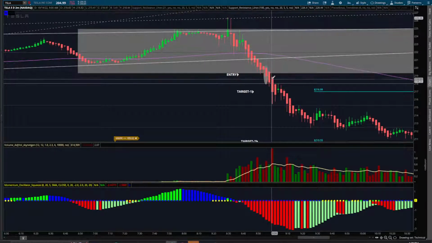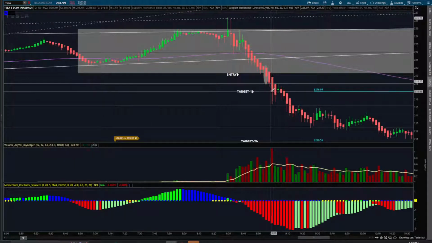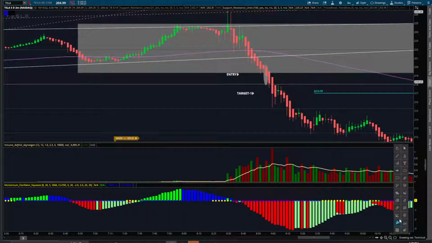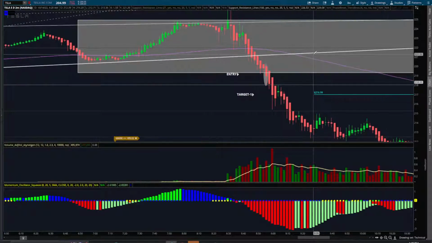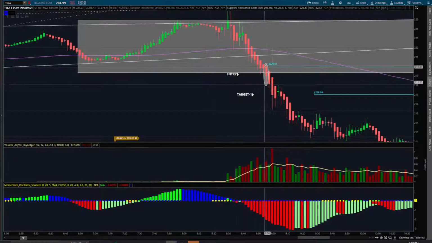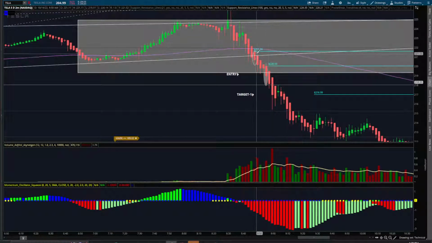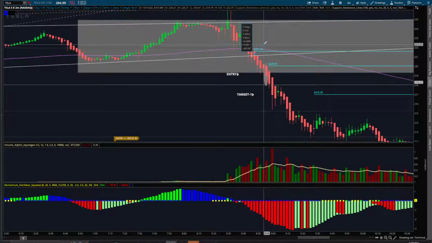So as soon as you're in a trade, you get this big push right here. You could be taking profits already. Look, we passed the first target, right? And now, where's your stop loss? If you entered on this candle, your stop loss is above this candle. If you enter on this candle, your stop loss is above this candle, or the break of the 200 EMA, right?